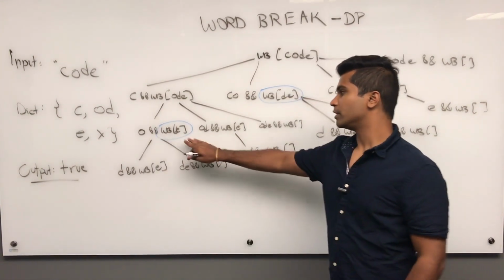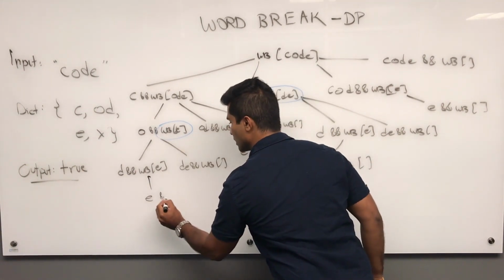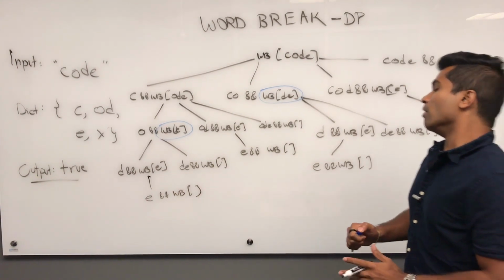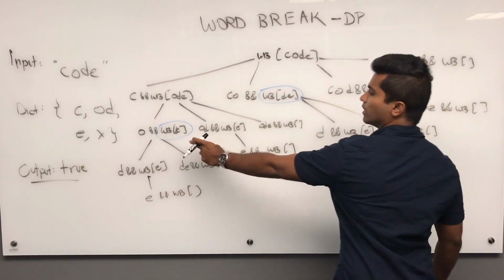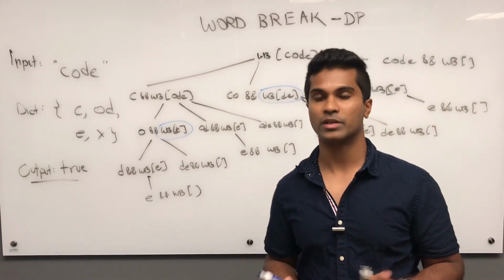So if we calculate this one, we can reuse that over here, and that's how memoization works. It saves us computation time.